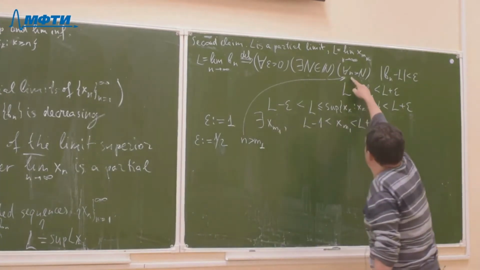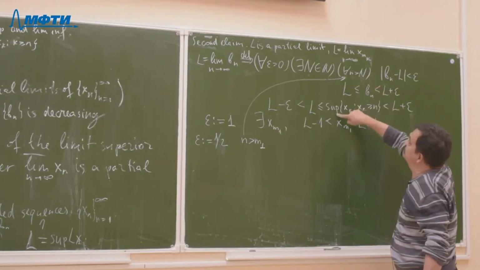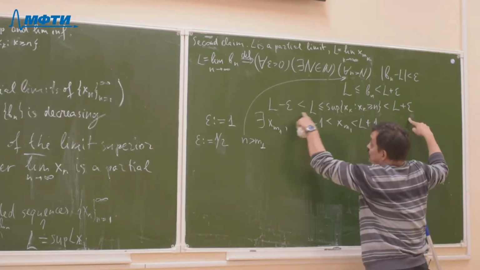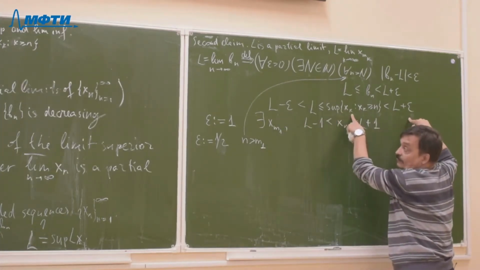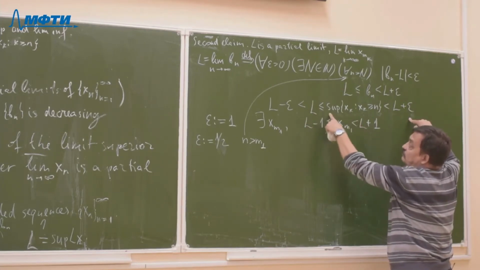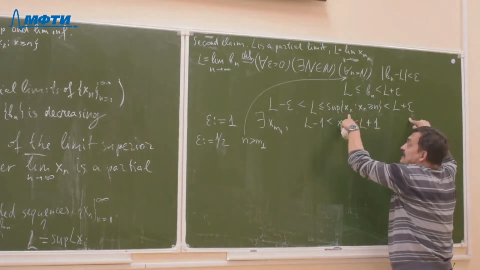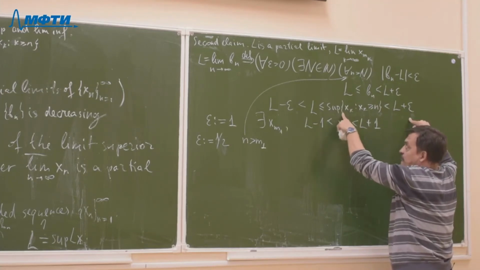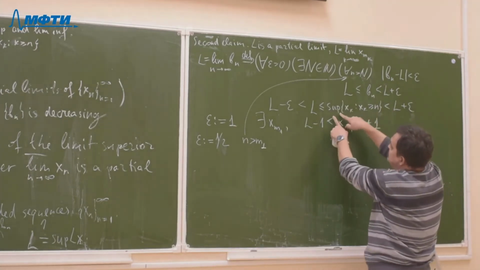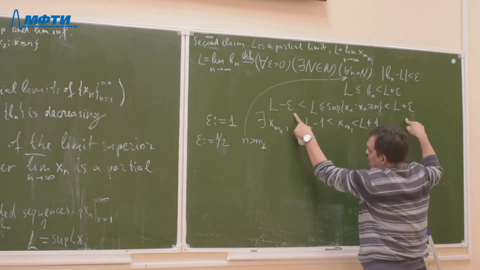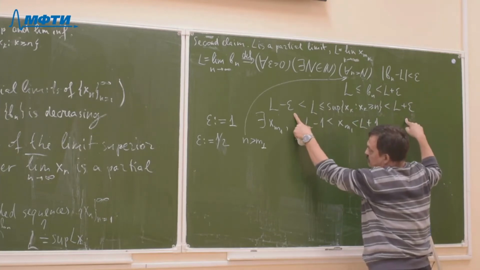Because now for this n I have the same inequality with epsilon equals 1/2. And if I have such an inequality for the least upper bound of a certain set, then there exists an element of our set which is also in the same limits.